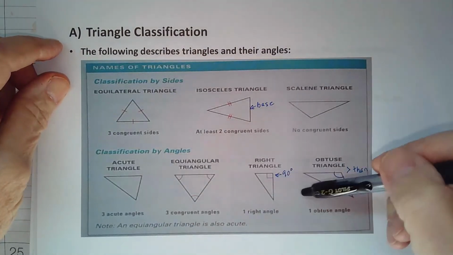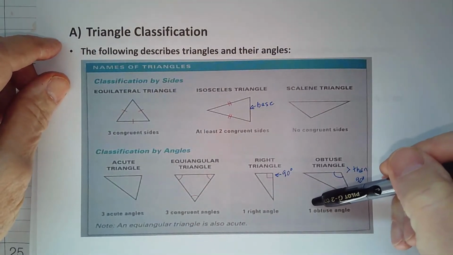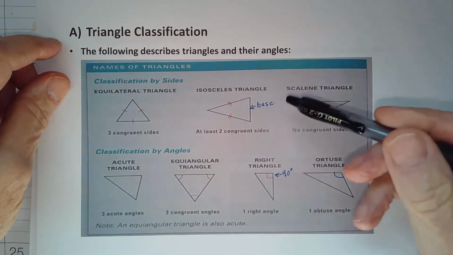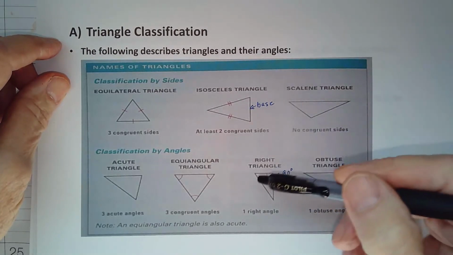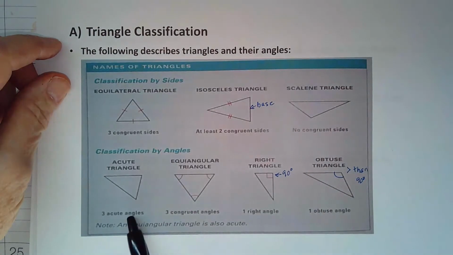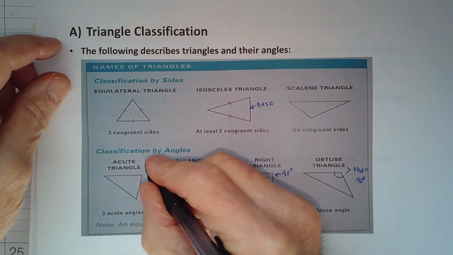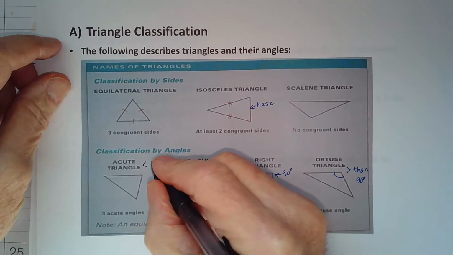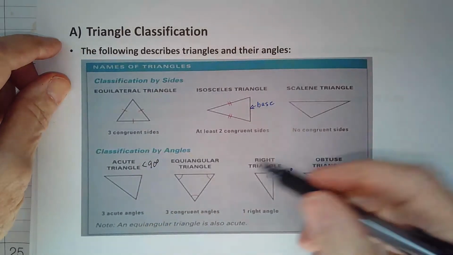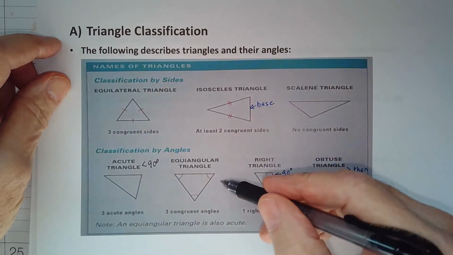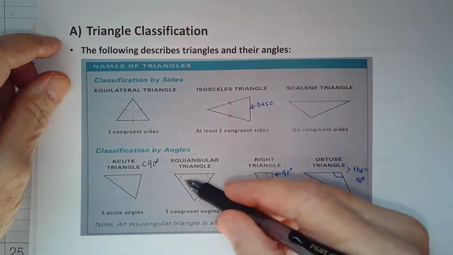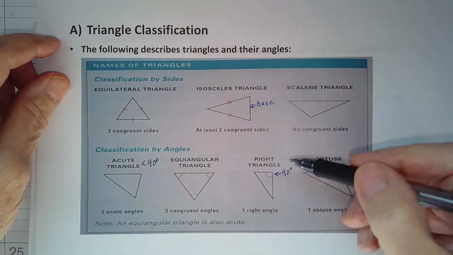Now, when we classify by angles, we are kind of repeating what we do up here, but we're just classifying by angles. So here's an acute triangle. It has three acute angles. And remember, an acute angle is less than 90 degrees. Then we have equiangular triangles. They have three angles that are congruent.